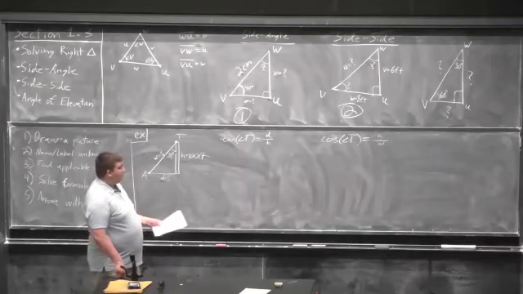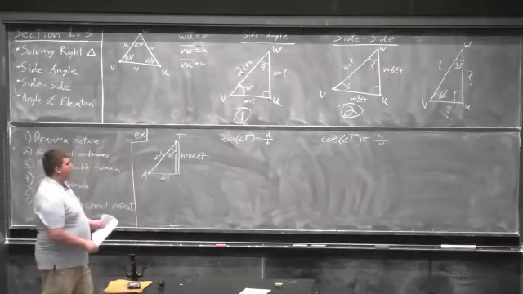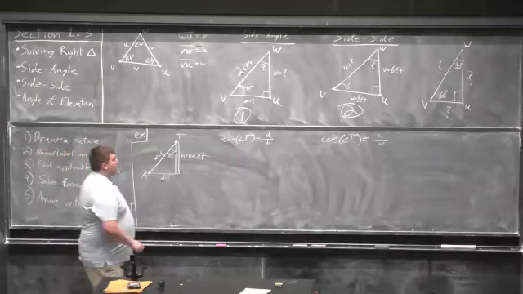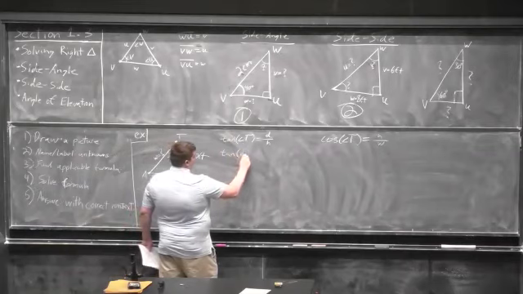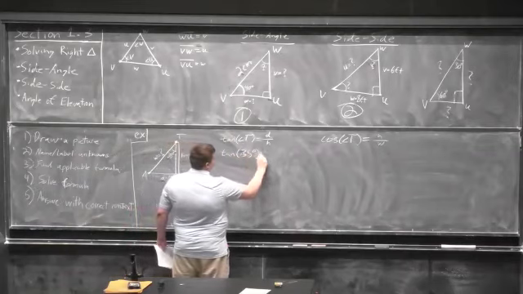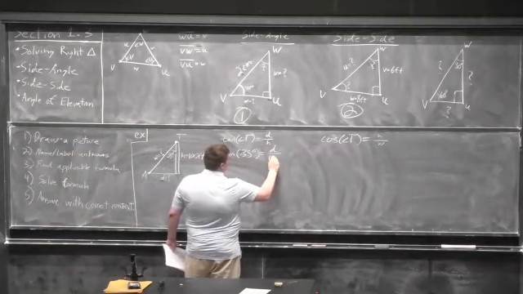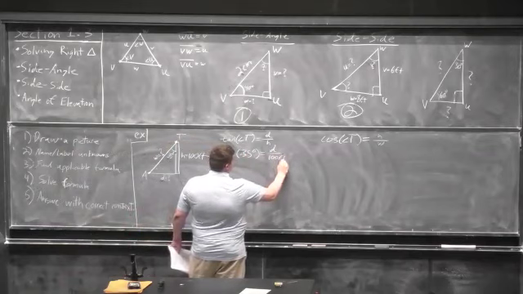Now we're going to start plugging in the different values. So here we plug in angle T, so we have tangent of 35 degrees is equal to D over 100 feet.